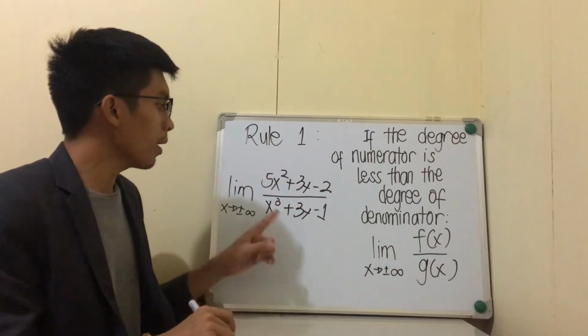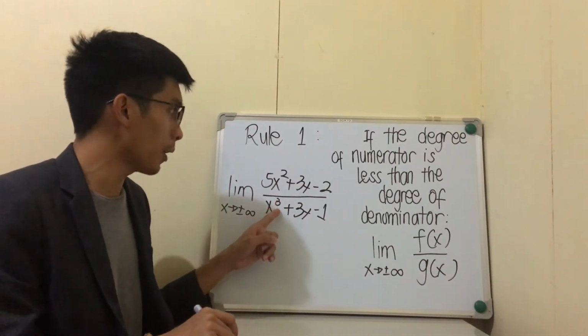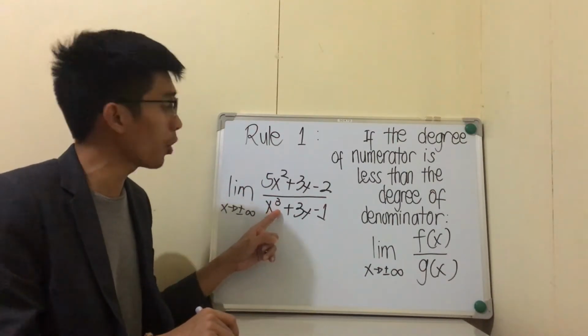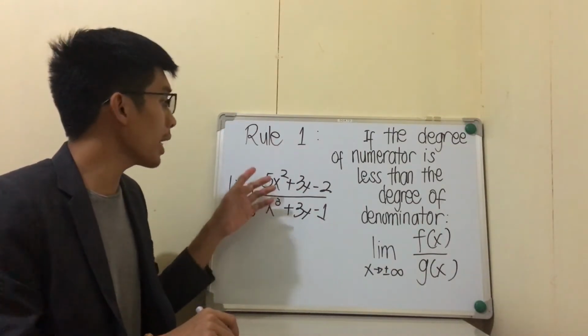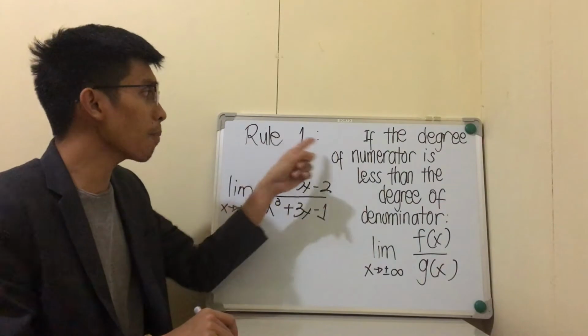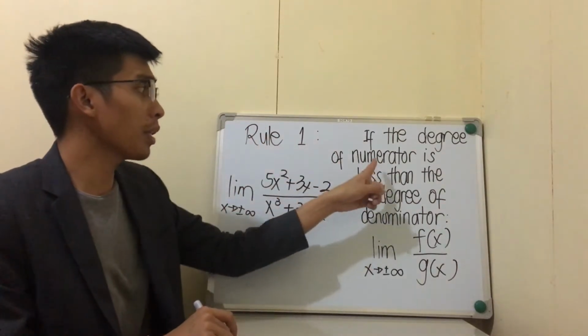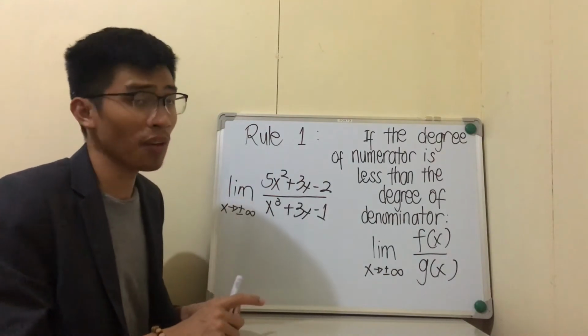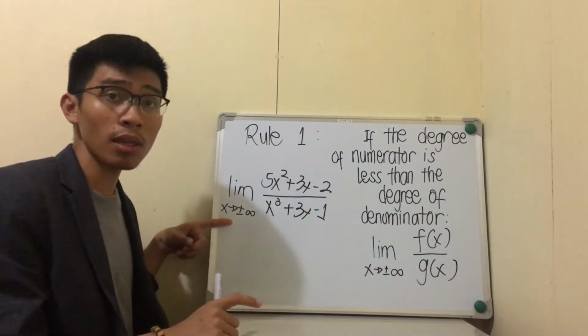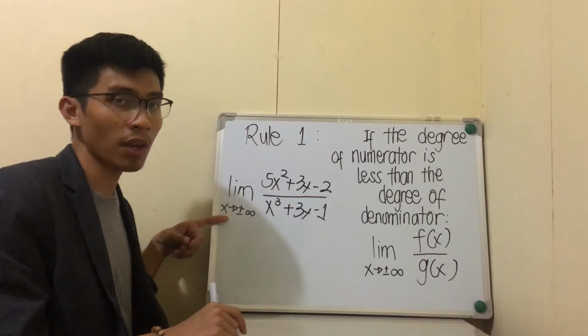As you can observe, the degree of our denominator is greater than the degree of our numerator. So this is applicable to rule number one, where the degree of the numerator is less than the degree of the denominator.